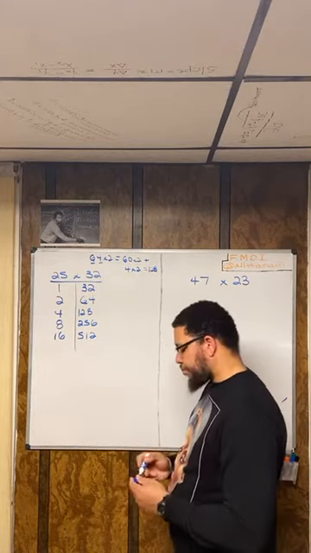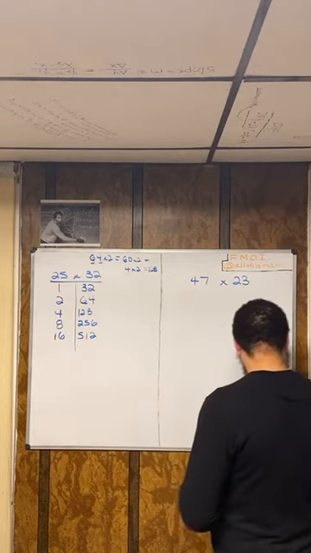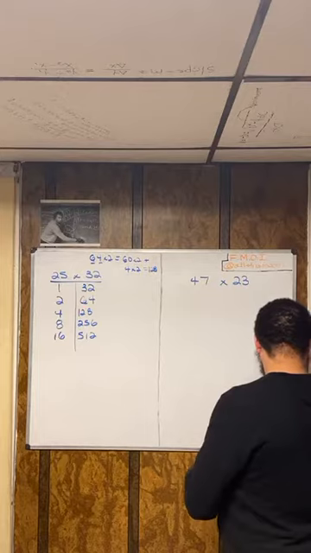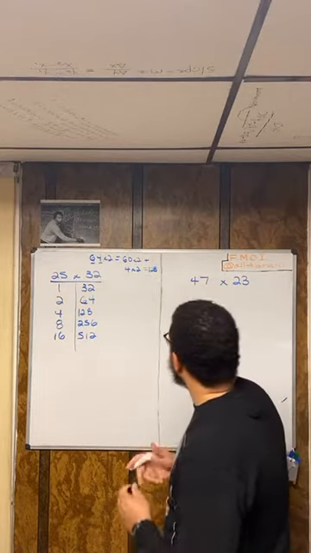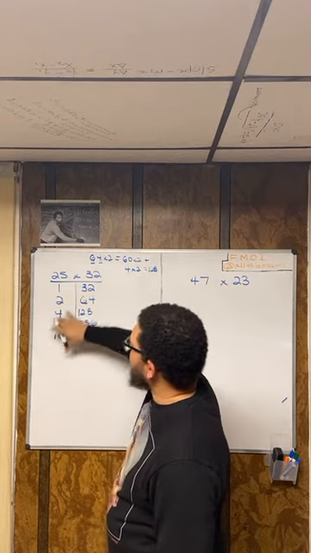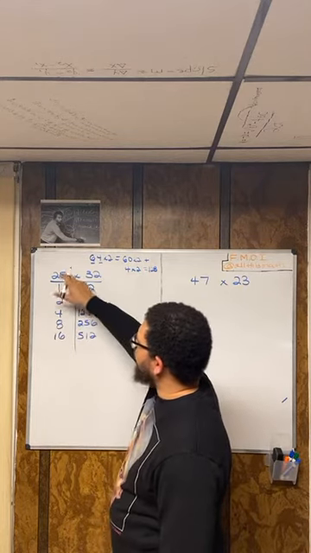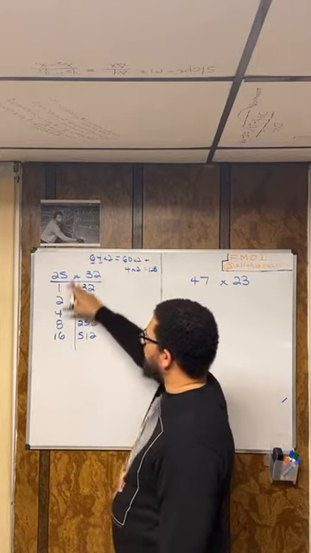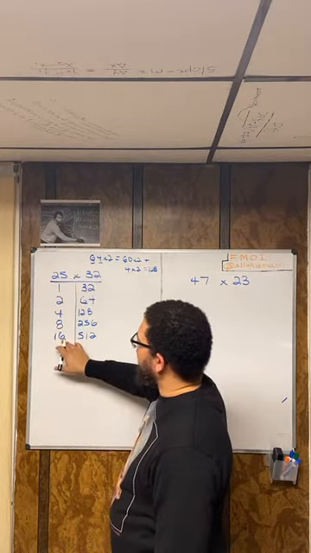Now, next part. What we do is look in this column right here, and look for numbers that will add up to 25. So it's like a pattern you're looking for. I know 25 is kind of big, so I'm going to take the biggest number out of this group.